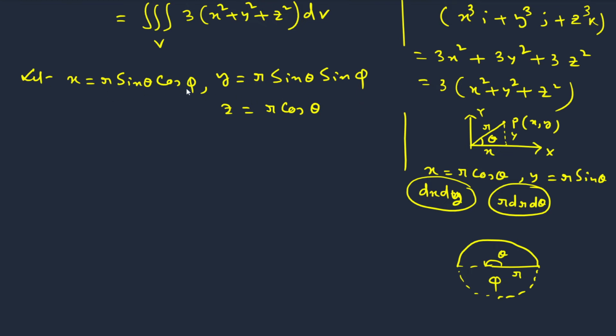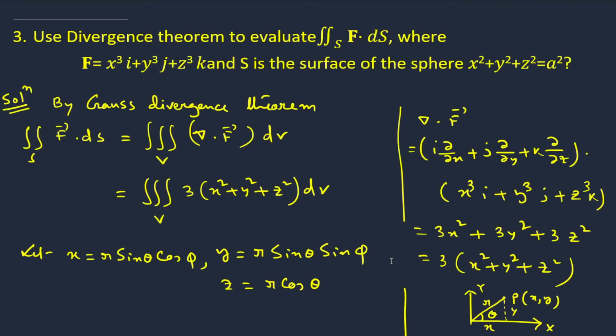Now this relation you have to remember. Okay, x equals r sin theta cos phi, y equals r sin theta sin phi, and z equals to what? R cos theta. Now it comes to your mind, why this? Now what is the relation? X square plus y square plus z square. See, what is the surface here? Our surface is the spherical surface. X square plus y square plus z square equal to a square.